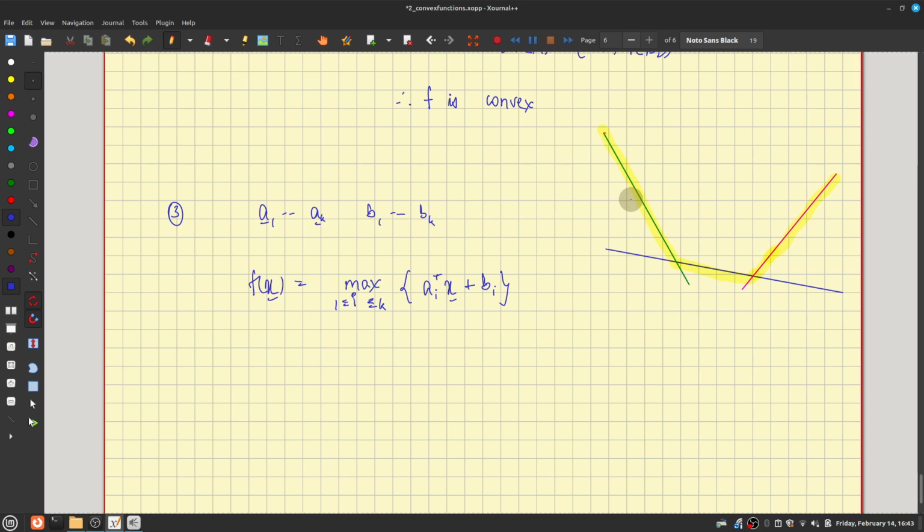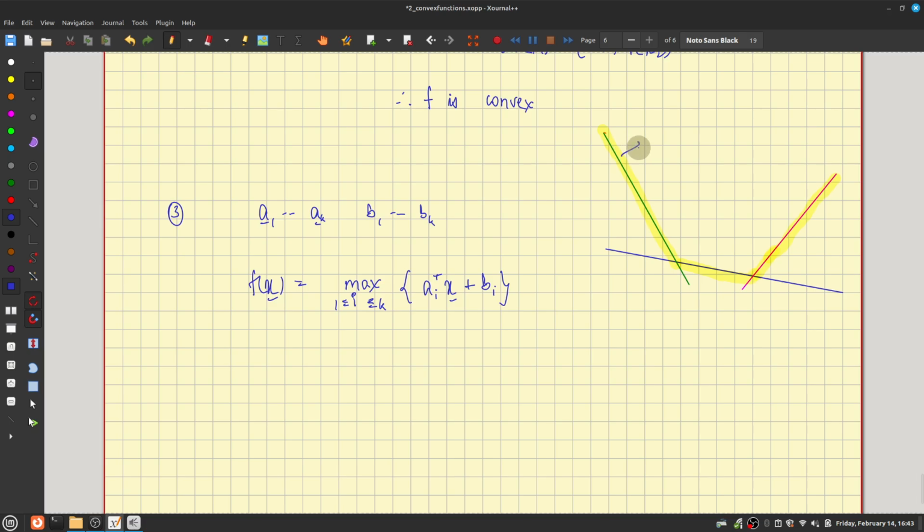So remember that this sort of function that I constructed is a composition of pieces of different lines.